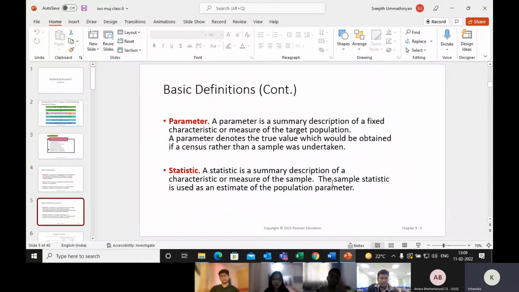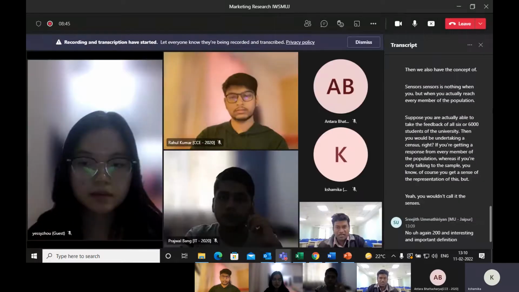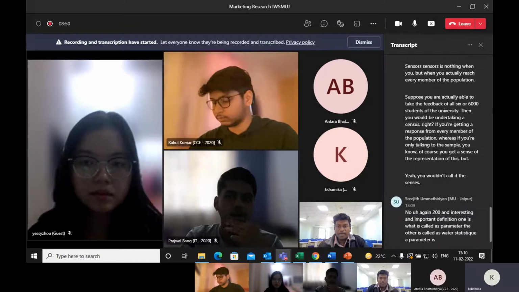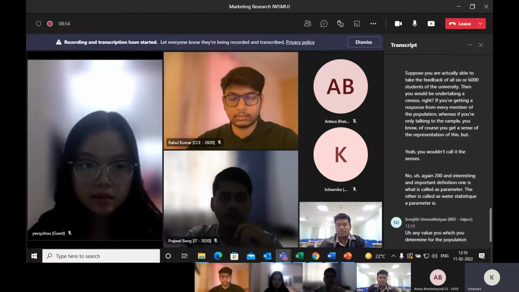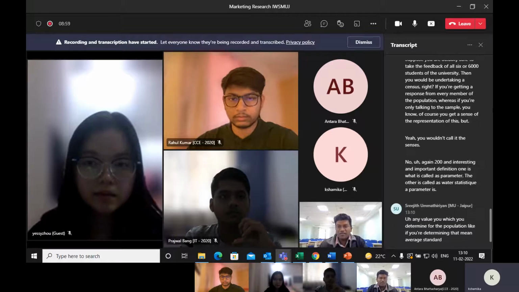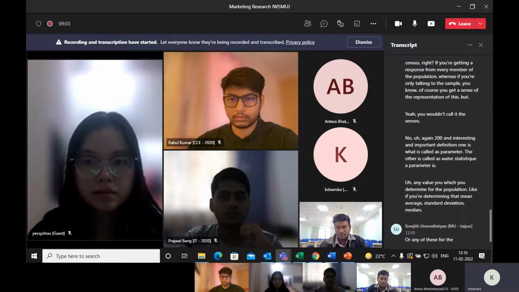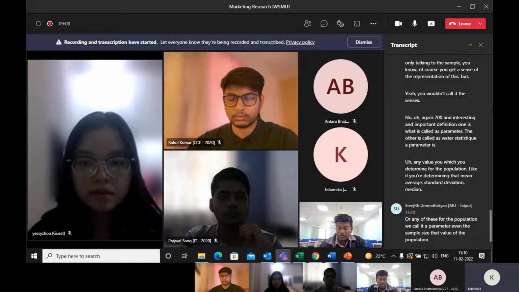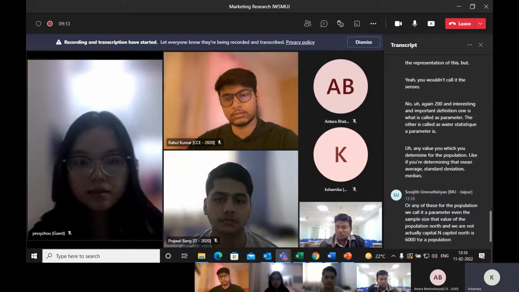Now, another interesting and important definition: one is what is called a parameter, the other is called a statistic. A parameter is any value which you determine for the population. Like if you're determining the mean, average, standard deviation, median, or any of these for the population, you call it a parameter. Even the sample size: that value for the population we denote as capital N. Capital N is 6,000 for the population, and you use small n for the sample.